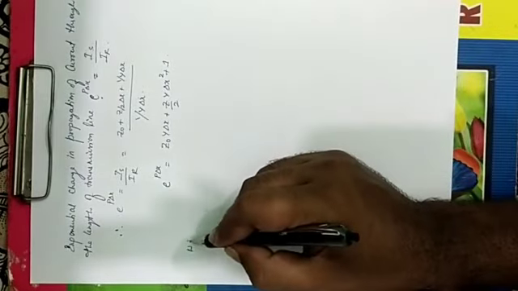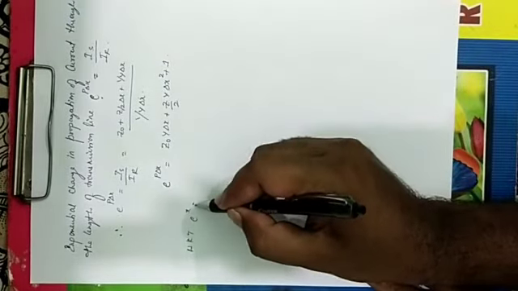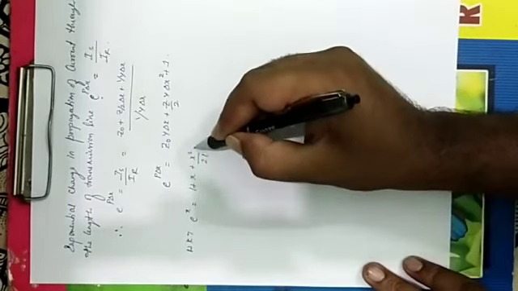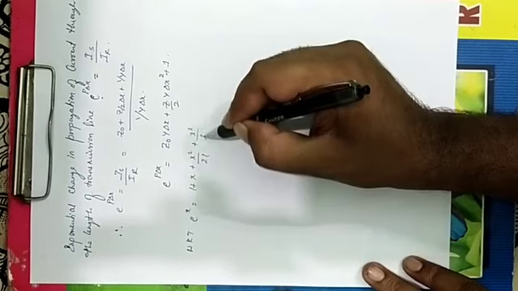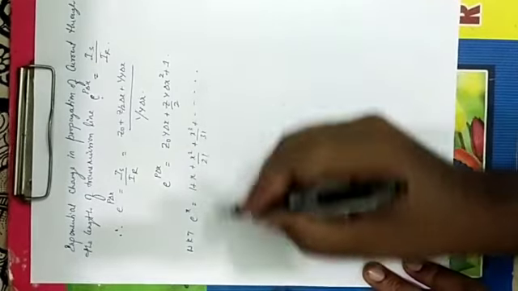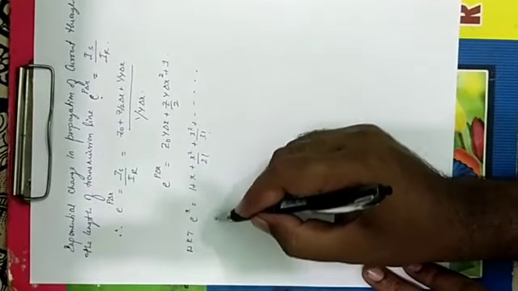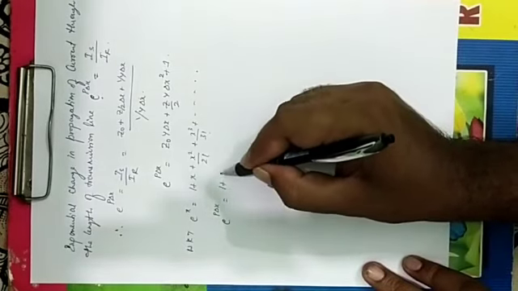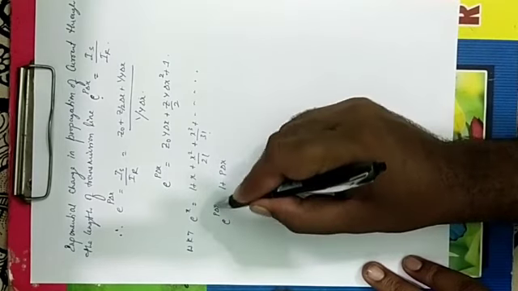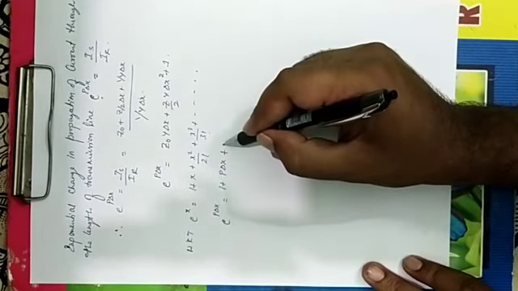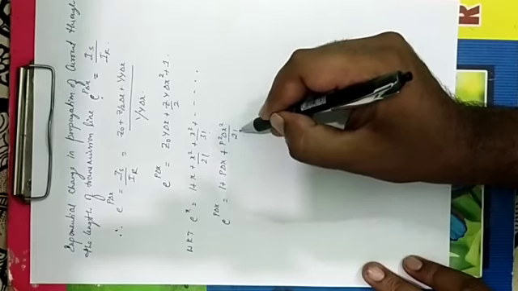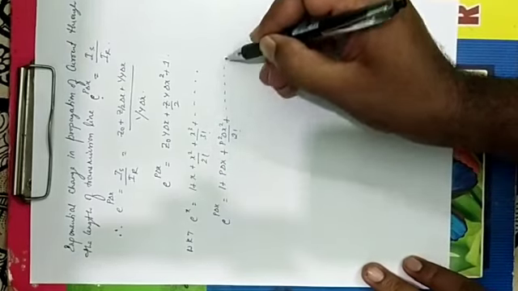We know that e power x can be written as 1 plus x plus x square by 2 factorial plus x cube by 3 factorial, and so on. Therefore e power p delta x is equal to 1 plus p delta x, where p delta x is considered as x, plus p square delta x square divided by 2 factorial plus so on.